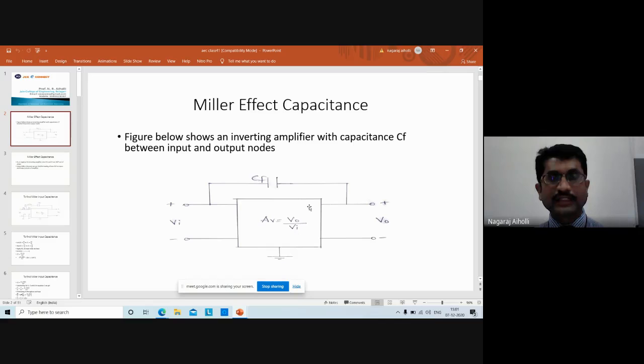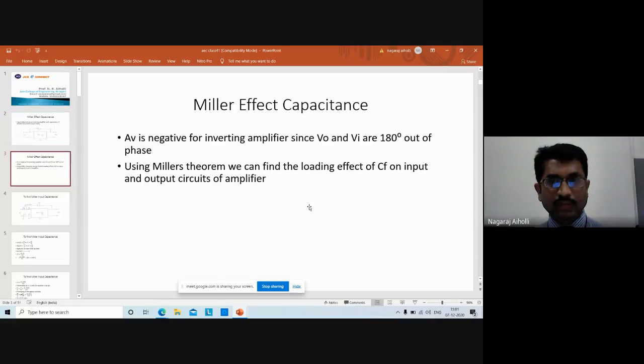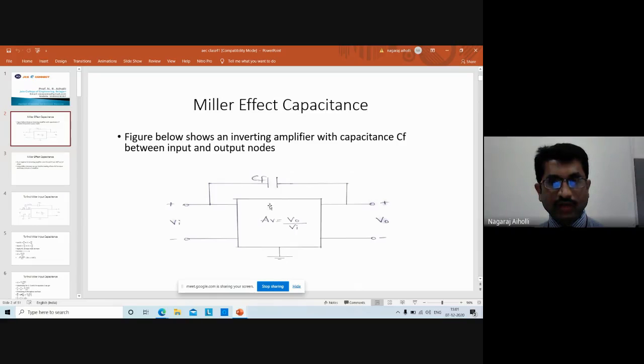Output voltage is minus of the input voltage, that means the input voltage and the output voltage are 180° out of phase. Now we are finding the loading effect of this CF on the input circuit and the output portion of the circuit. Using the derivation, we find the Miller's input capacitance and the Miller's output capacitance.